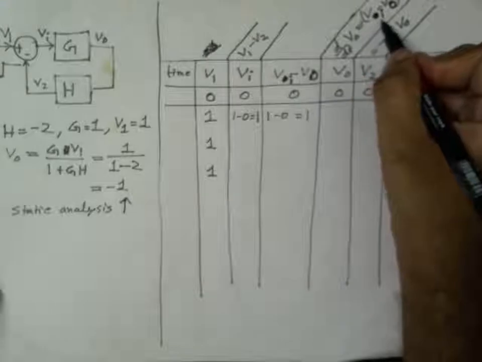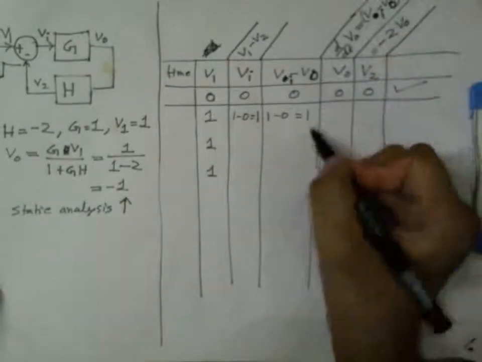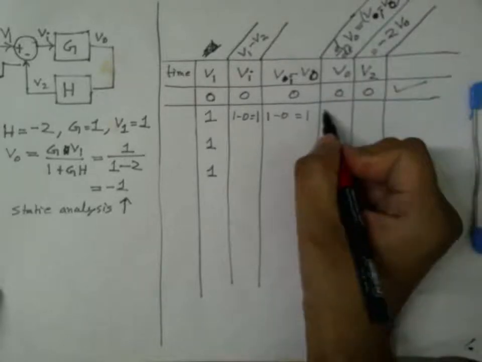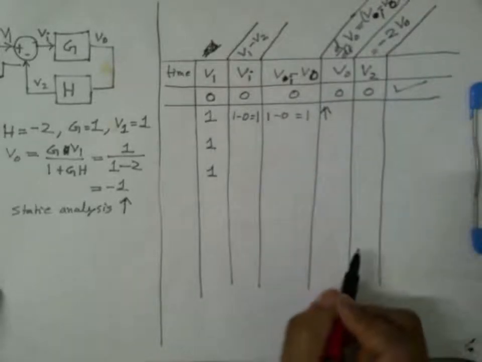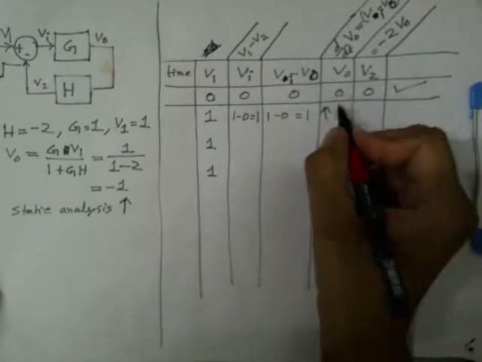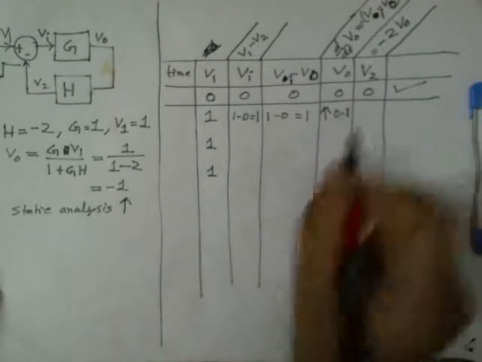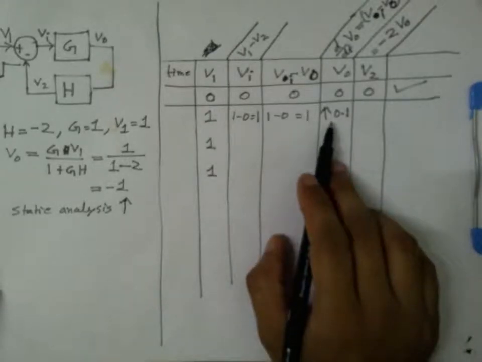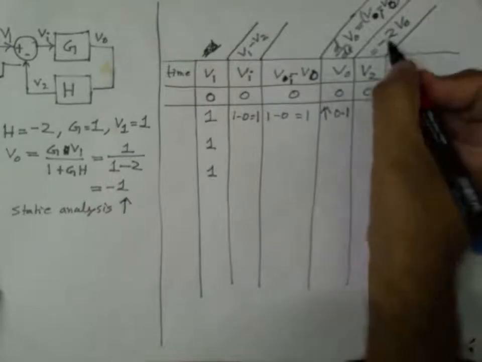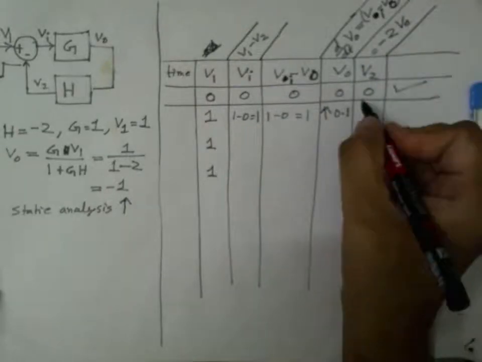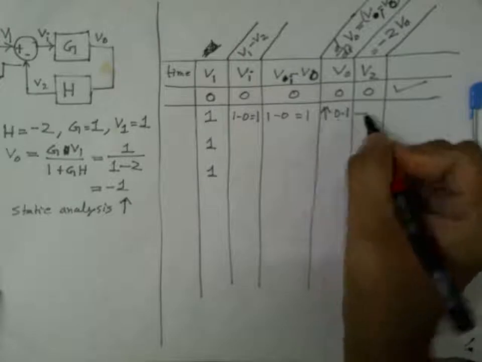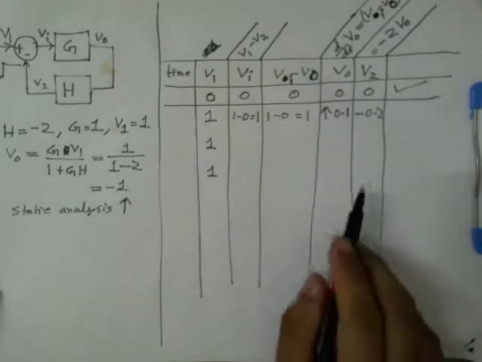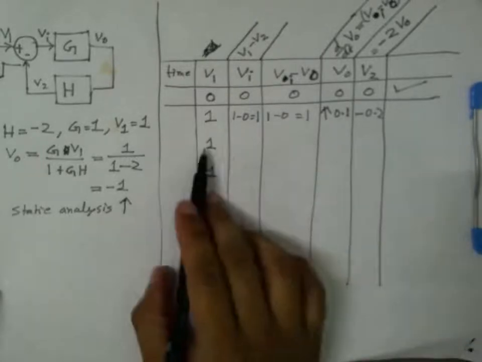This derivative is positive, so VO should go up. Say it increases to a value of 0.1 after a while. Let's assume that's what happens. If so, V2 is nothing but minus 2 VO, so this is minus 0.2.